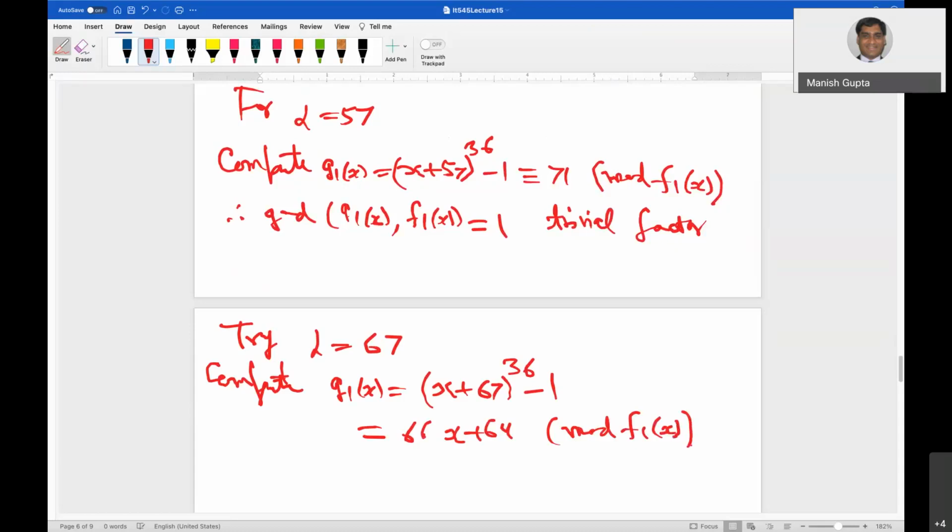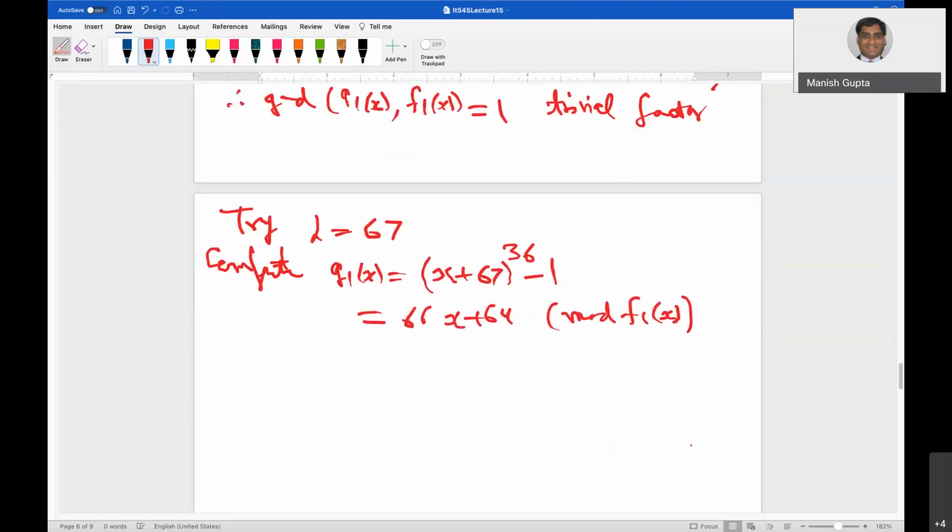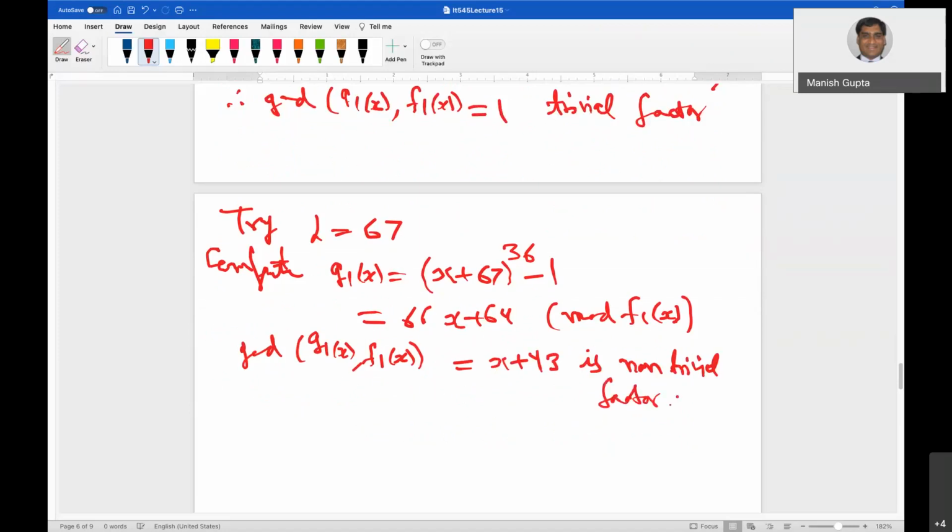Same polynomial, f1 of x of degree 2, right? So now we compute the GCD of g1 of x with f1 of x, and it turns out to be x plus 43. So this is a non-trivial factor of f1 of x.